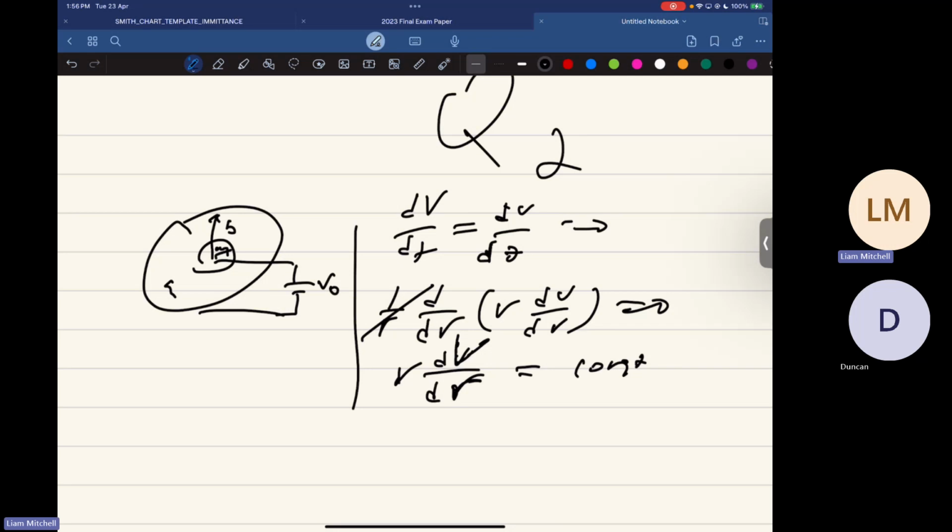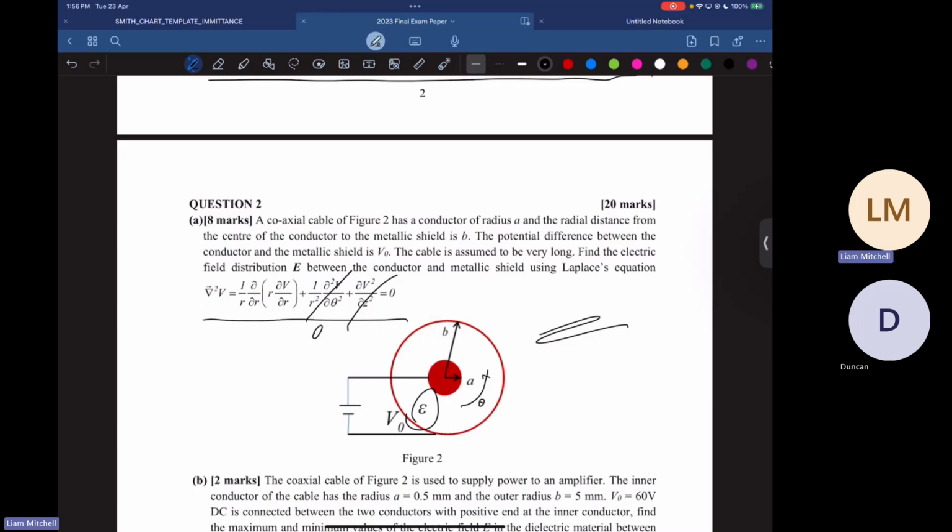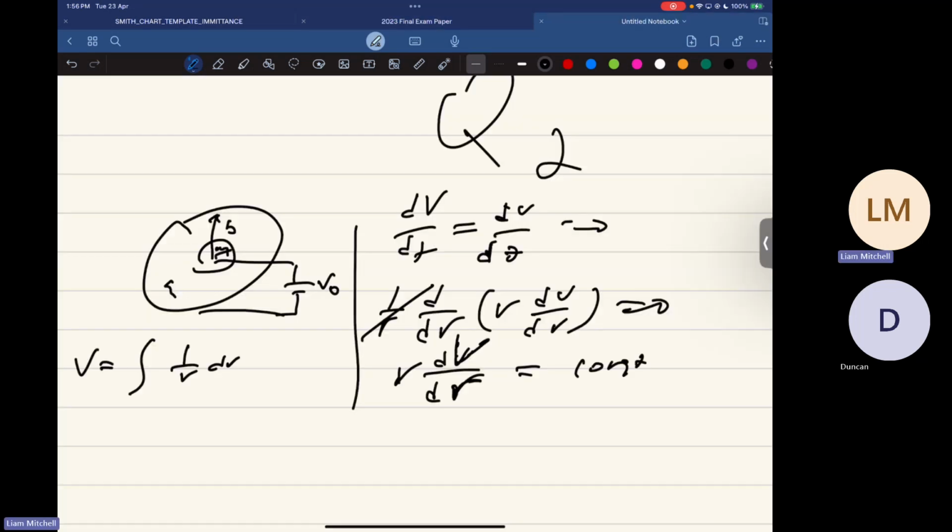We have that V is equal to the integral of 1 over r dr, from a to b. Again, I'm just going to do the same thing as before.